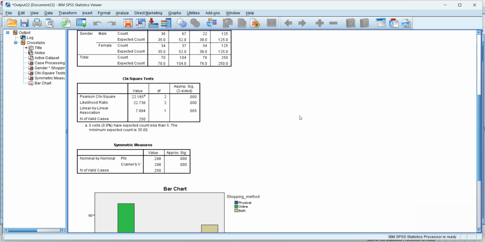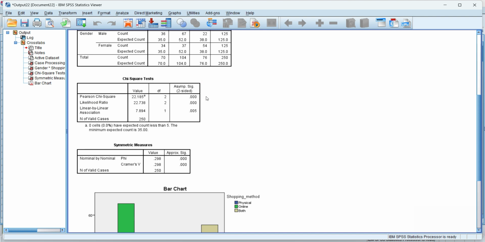This is the most important table, where we will decide the research hypothesis and answer the research question. We need to see the Pearson Chi-Square value, which is 22.185, and the p-value is significant, 0.000, which is less than 0.05.